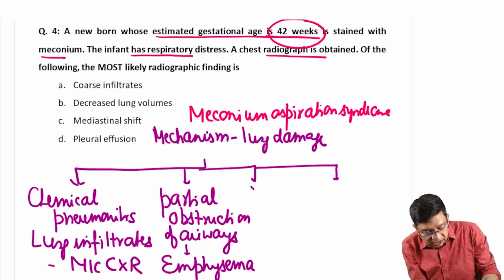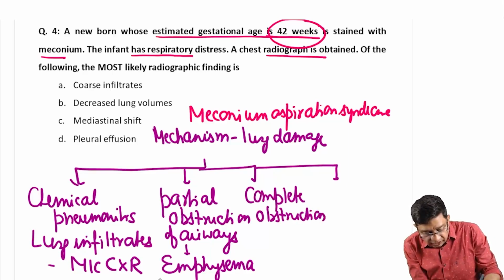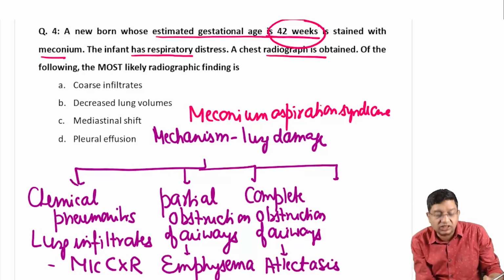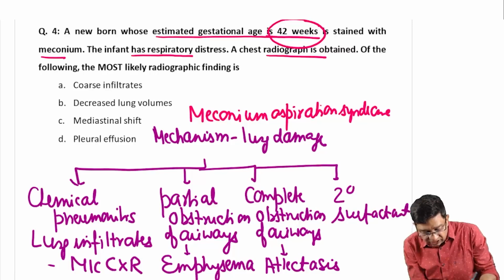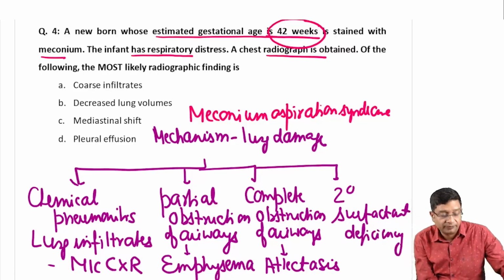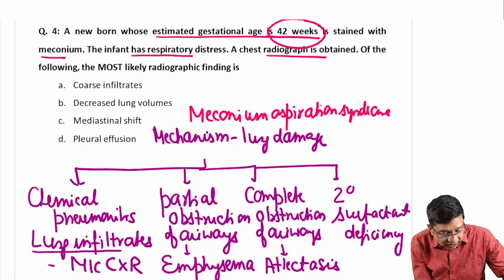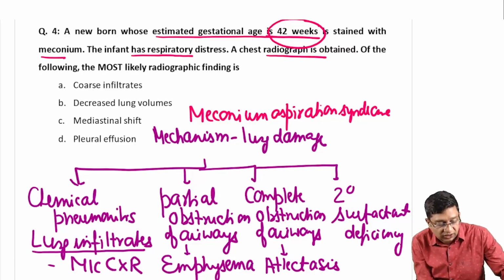Then there can be complete obstruction of airways, and due to complete obstruction there will be atelectasis. So in the x-ray you can get this collapse, and then there can also be secondary surfactant deficiency. But the most common chest x-ray finding is the lung infiltrates.